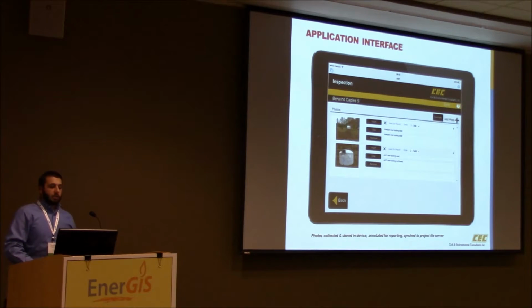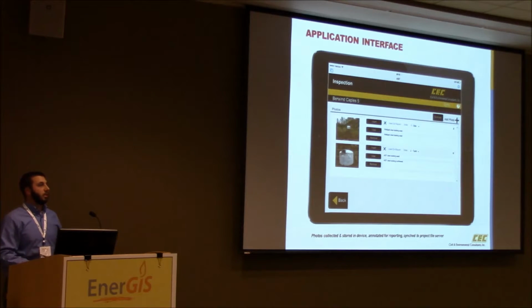And this is a screenshot of the photo collection stage of the inspection. We were required to take at least one photo of each site. We ended up taking 2 photos for each site, one showing the detail of the tank and one showing the overall site layout.